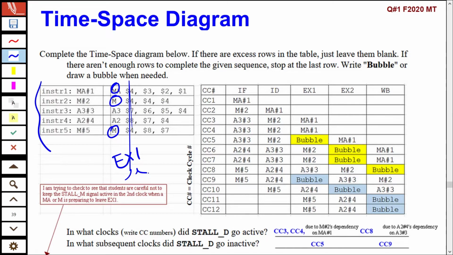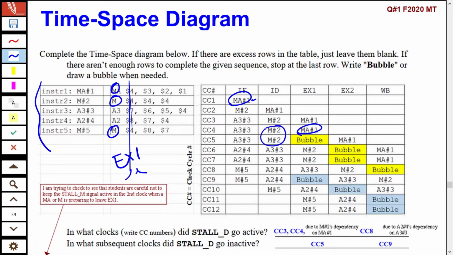Okay, so MA1, did MA1 reach EX1? Yes, and if he reached EX1, then he should be there for one more clock. Okay, so please notice that something happened.